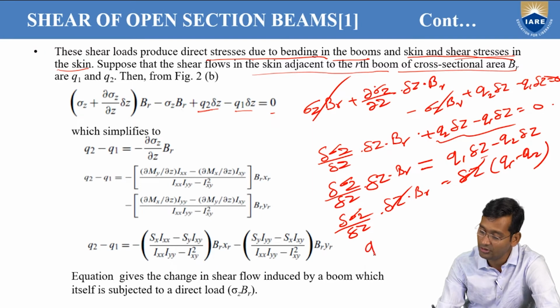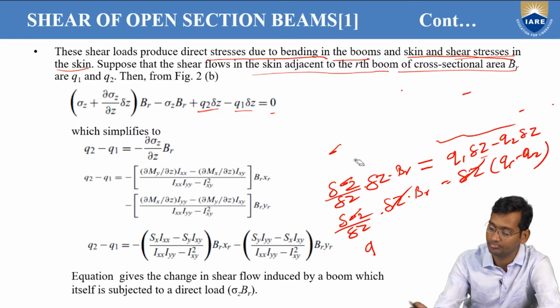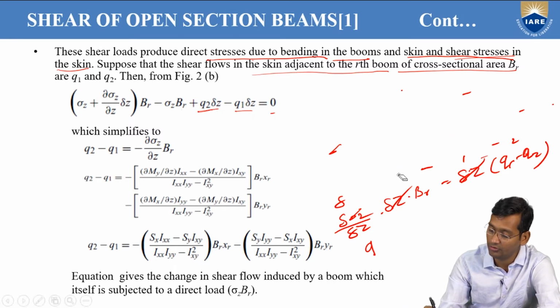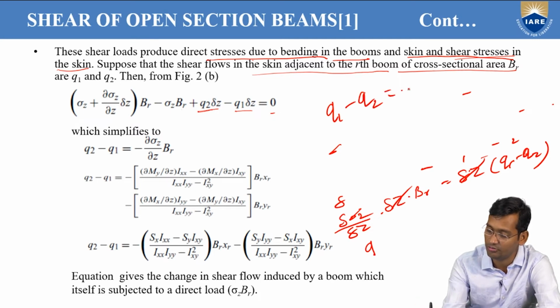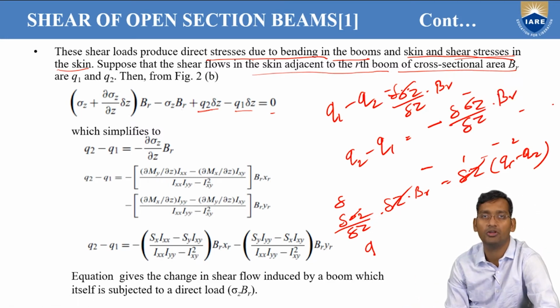So Q1 minus Q2 equals minus del sigma z by del z into BR, or if you want to write it with Q2 positive, Q2 minus Q1 equals minus del sigma z by del z into BR. So this will be our Q2 minus Q1.